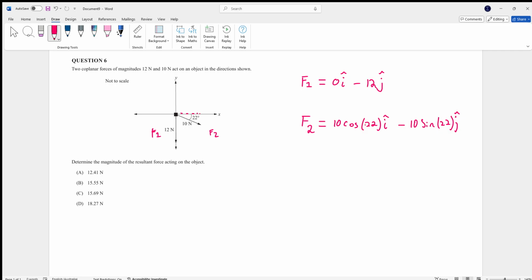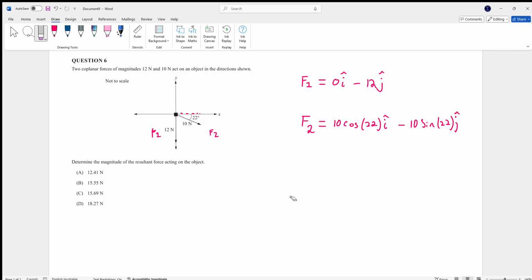If you're wondering where I got these from, I just broke this up into a triangle like this. That's 10, that's theta. So this side would be 10 cos theta, and this would be 10 sin theta, because that's your opposite, that's your adjacent, that's your hypotenuse. Now, this is the part where you would need your calculator. You have to work out what those trig bits are.